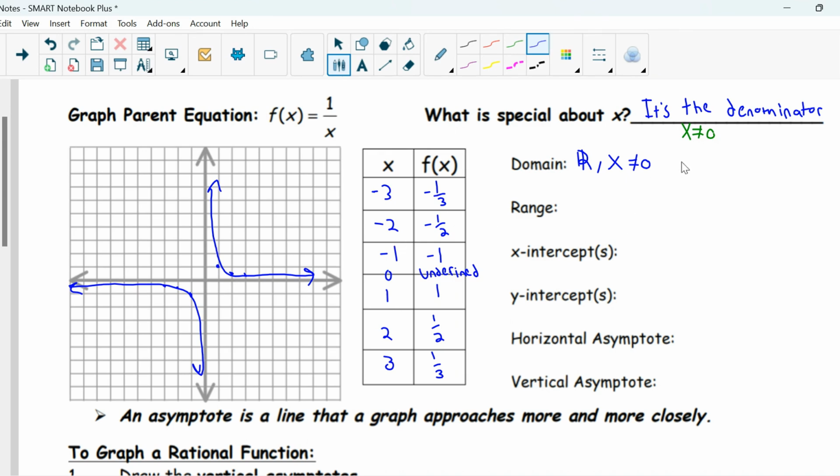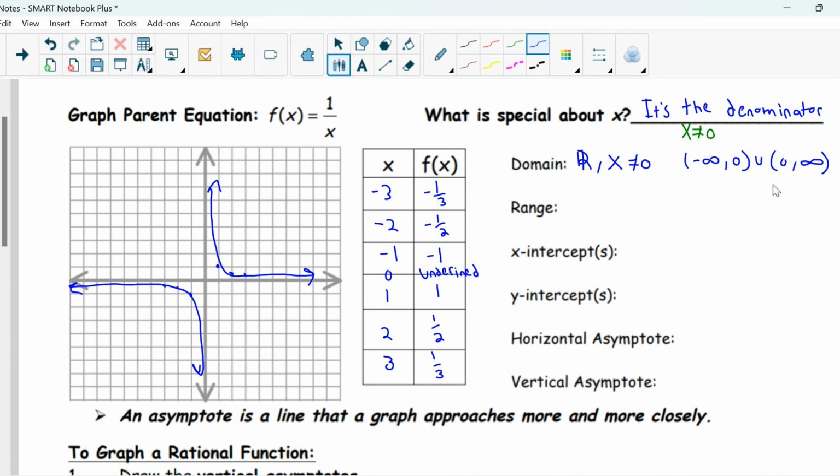Another way that you could write this in interval notation would be -∞ to 0, making sure that you use an open bracket. Then use our union symbol, 0 to +∞. So essentially what this is saying is we can have any number but 0.